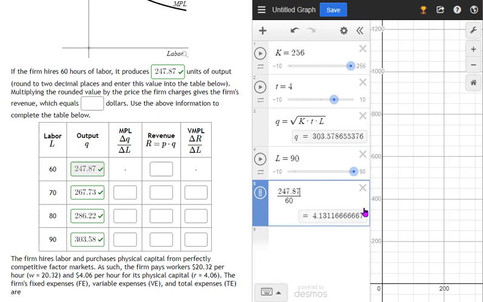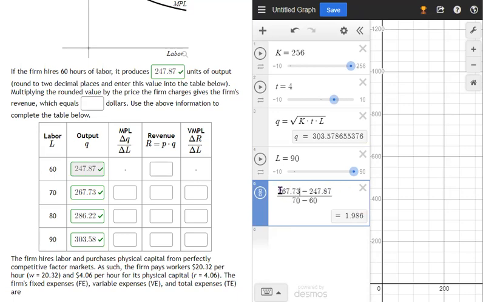This ratio is the average product of labor. We want the marginal. So now when labor is 70 hours demanded, output at that level of demand is 267.73.